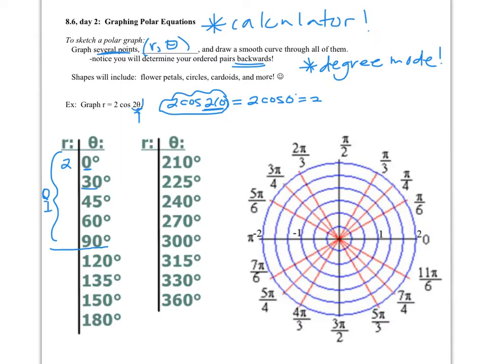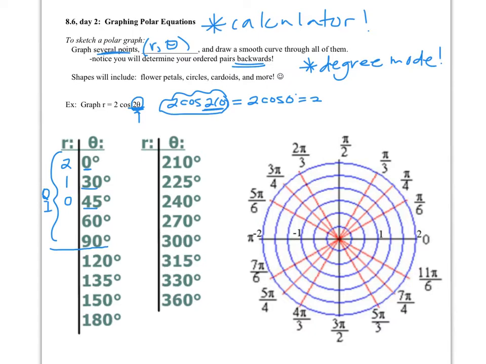Well, 2 times 30 is 60, and 2 times cosine 60, cosine 60 is 1/2, 2 times 1/2 is 1. Plug in 45, again just double that, 2 times 45 is 90, cosine of 90 was 0. 0 times 2 is 0. So far we have no decimal answers here. I don't think we'll get any decimal answers on this one.